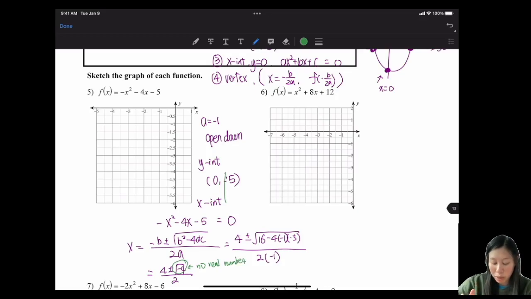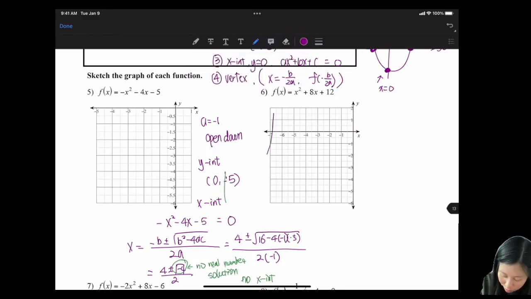But when we talked about drawing a graph on a coordinate plane, we only discussed the real numbers. So that means there's no real number solution. So there's no solution for x. That means there's no x-intercept, which is fine.